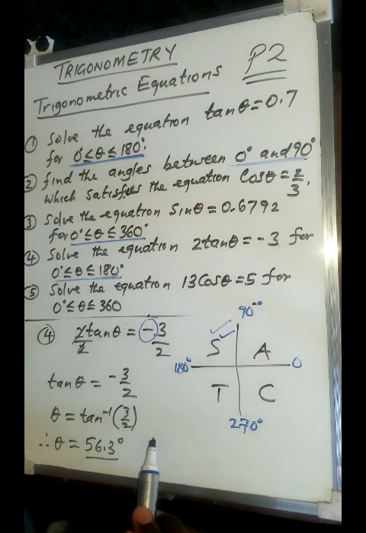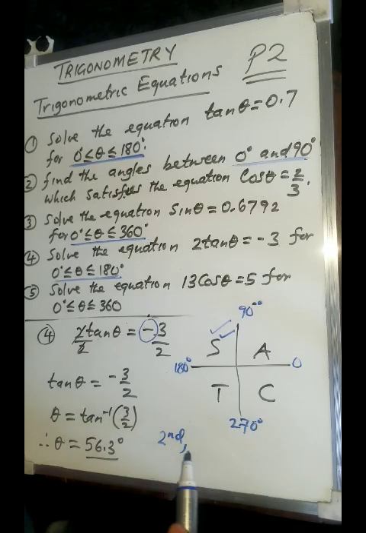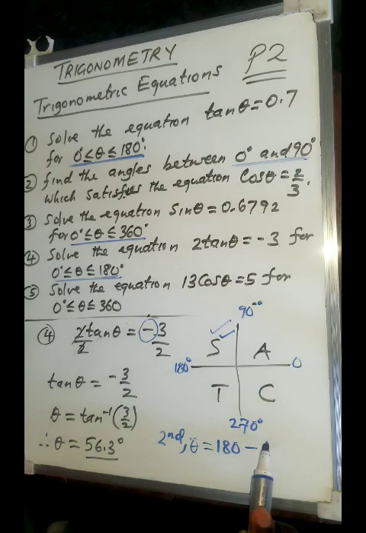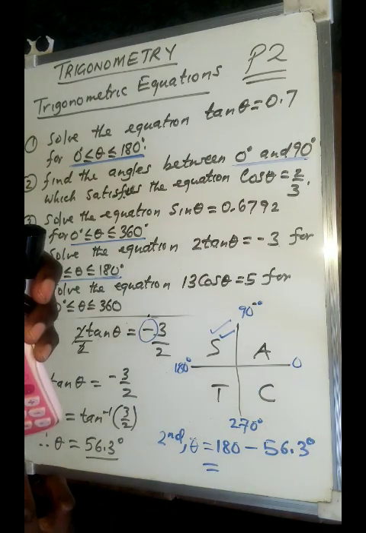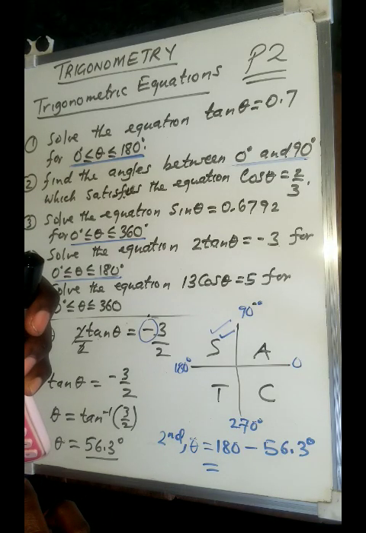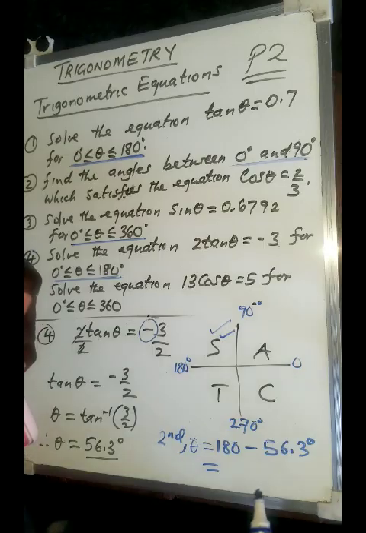So how do you get the angle in the second quadrant? Remember what we said, the angle is going to be equal to 180 minus the angle in the first quadrant, which is this one, 56.3 degrees. So it is going to be 180 minus 56.3 degrees, which will give us 123.7 degrees.